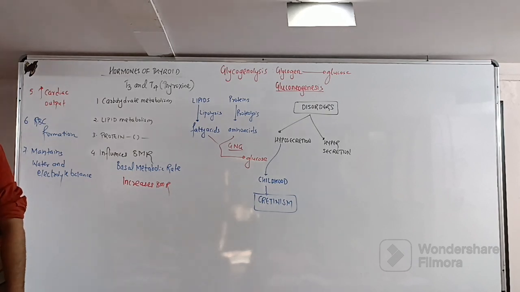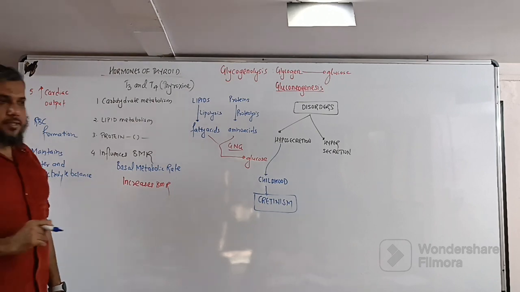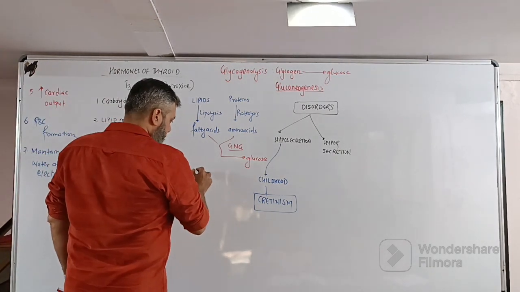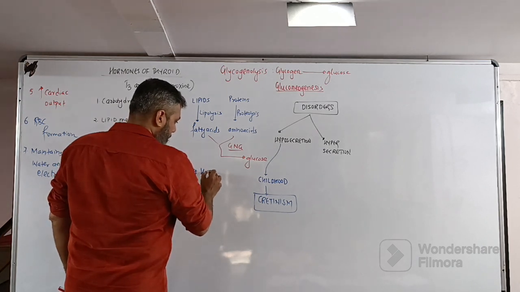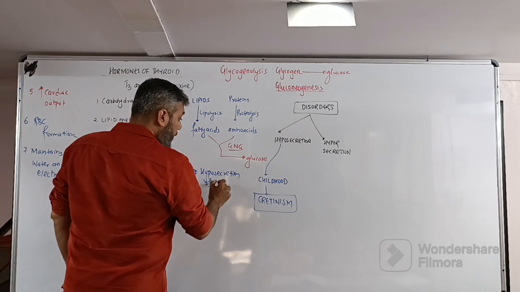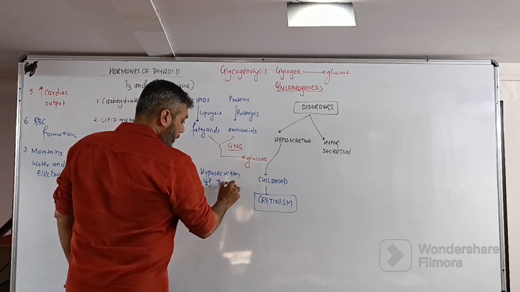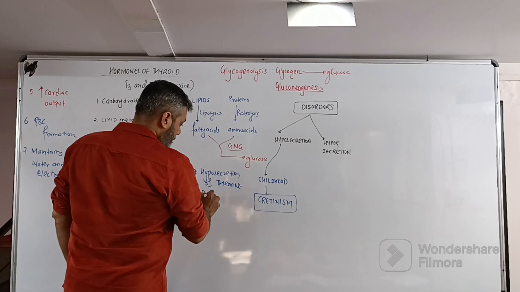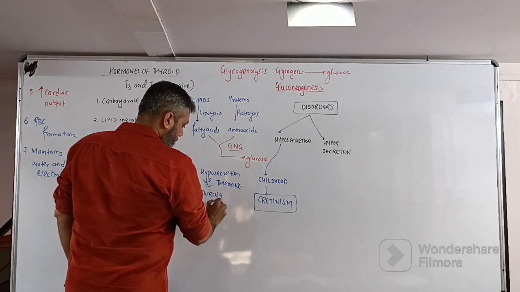During pregnancy, if the levels of thyroxine are very low, the child will be born with the condition of what? Cretinism. Okay, so what is the main cause of cretinism according to NCERT? It says that there is hyposecretion of what? Thyroxine during the time of pregnancy.